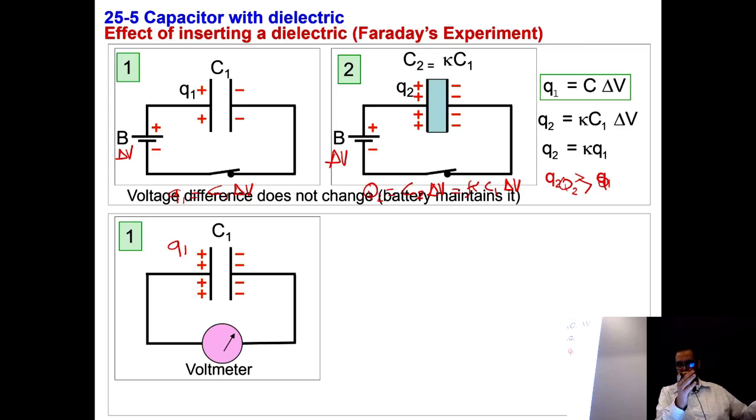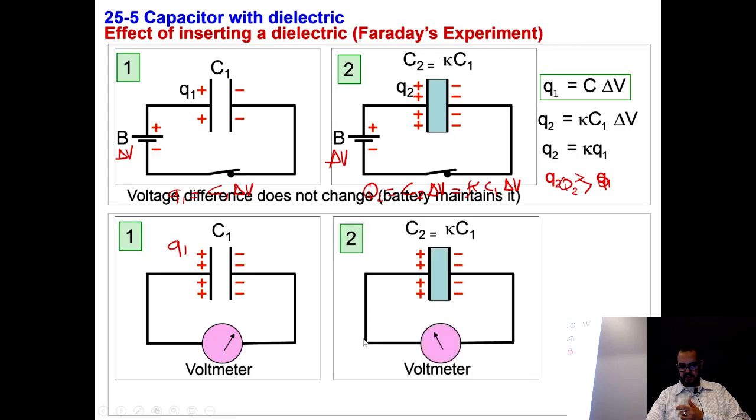You disconnect from the battery, we know the charge will remain there, and we have a potential difference equal to that of the battery. Then what he did, he introduced the dielectric material between the two plates of the capacitor, and he looked at what happens to the voltage. And he was surprised. He found that the voltage actually decreases. So let's look at what is really happening. Let's calculate delta V1.